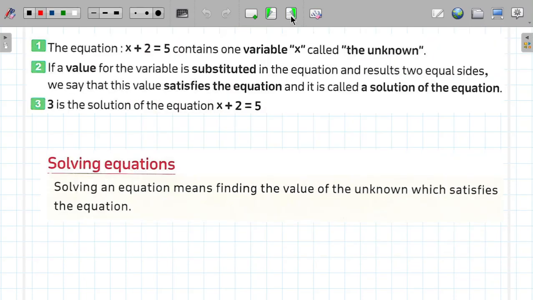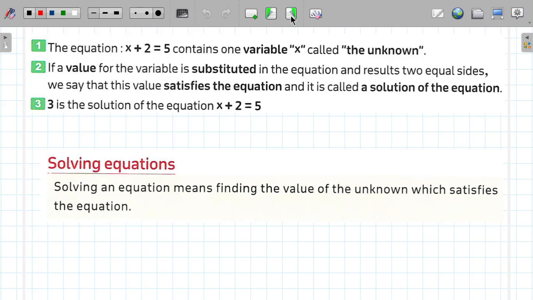Next, let's talk about one equation, like x plus 2 equals 5. I have one variable here. This variable is called the unknown because I don't know its value. But if a value for the variable is substituted in the equation and results in two equal sides, we say that this value satisfies the equation and it's called a solution for the equation.